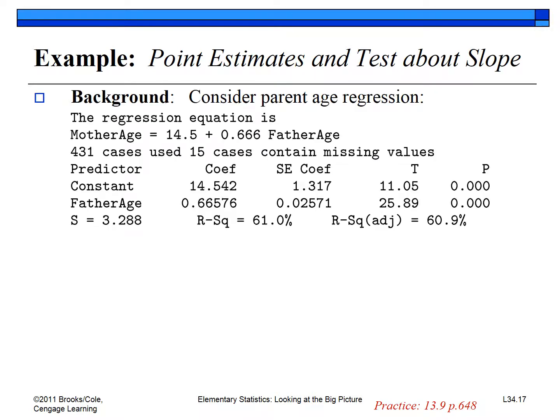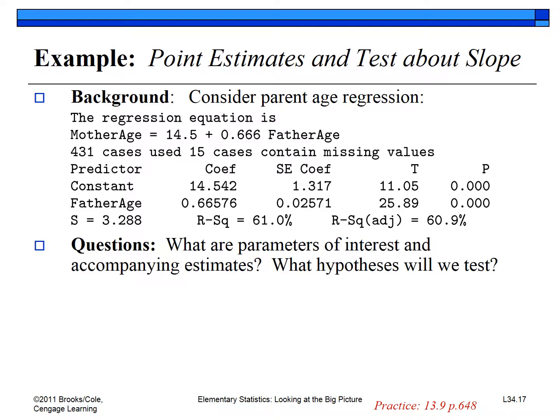Here's an example. Here's the computer output for the mother's age versus father's age that we've seen before. What are the parameters that we're interested in, and what are the estimates for them? And what hypotheses are we going to test?